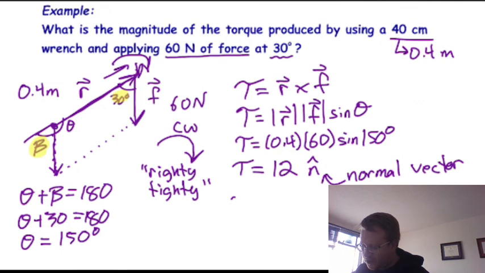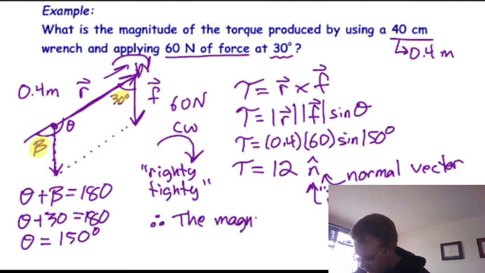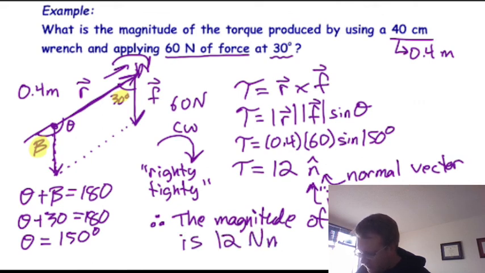Technically, we don't even need the direction, but just to think about it, righty-tighty means it's tightening, so it's going into the page, if we defined our plane as the page of the screen. But ultimately, see what it said: what is the magnitude? So therefore, the magnitude of the torque is 12 Newton meters.